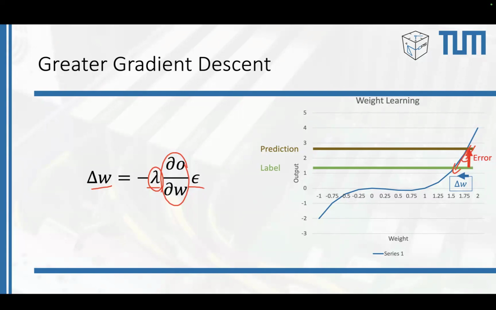But when you're near, you keep jumping and missing the target every time, so you're going wild. So it would be nice if you could have a system that adapts the lambda as you start learning better and better. And there are many optimizers out there now that do this job for you, so you don't have to care about it unless you're very interested in machine learning algorithms. Otherwise, you just use them.